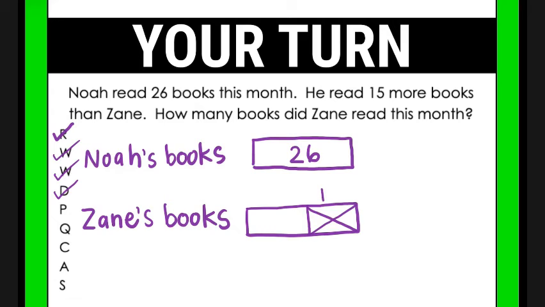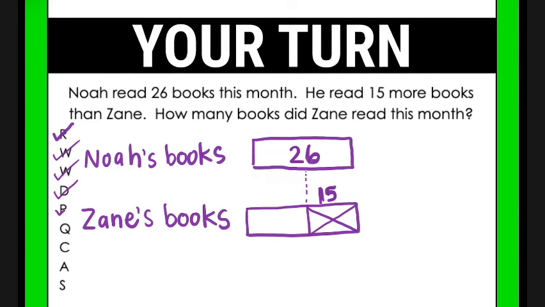So this part that I crossed out, this is the 15 extra that Noah has. So sometimes I like to draw a little dotted line to show that. So here I have the 26 that Noah read, and he read 15 more than Zane. So I know that Zane read less than him, so I had to take his unit bar and make it a little bit smaller.